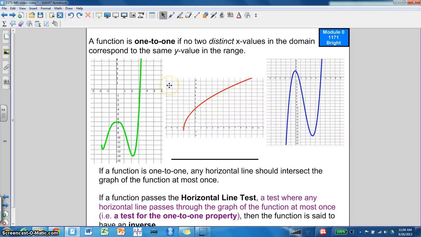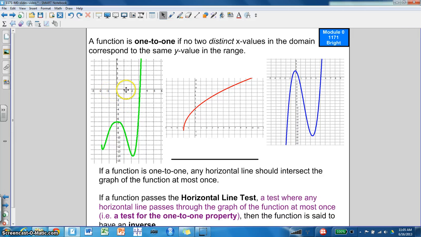And this is if we take any two x values, if they result in the same y value, then they are not one-to-one. So in other words, if I look at this green graph, let's look at 1 and negative 1.